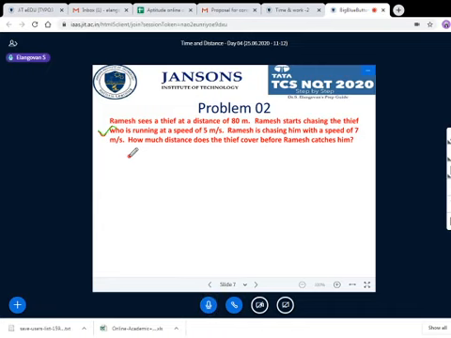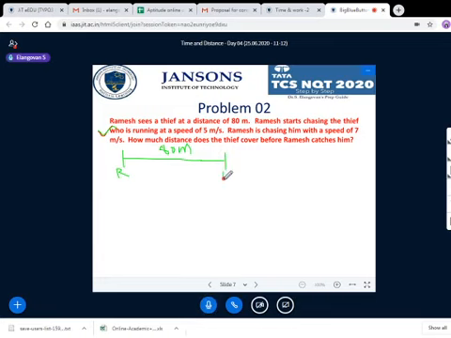So he went at that speed and caught the thief at one particular point. If this is the starting point of Ramesh, 80 meters from here, always for this, please draw a one line diagram. That is easy.